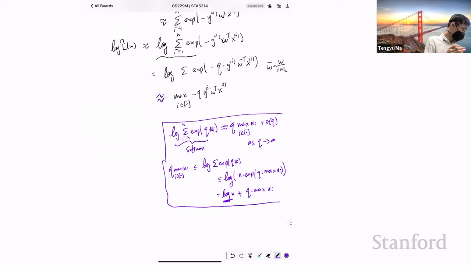Once you have this step, what's going on here? You are minimizing the loss, so that's why you minimize the log loss as well.